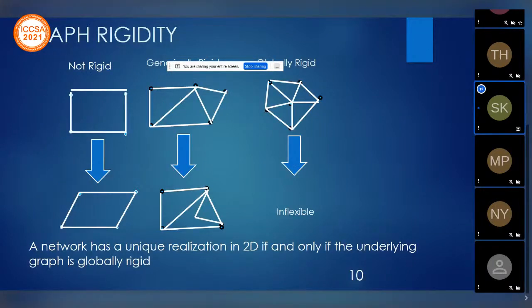So briefly talking about what global rigidity is, if a network is not rigid, then it looks like the leftmost diagram here, where you can map it on the 2D plane multiple ways, maintaining the distance measurements between nodes. Similarly, when it's generically rigid, you have what's called a flip ambiguity, as you can see in the middle diagram. And then on the right, we have a globally rigid graph, which means it has a unique mapping onto the 2D plane.